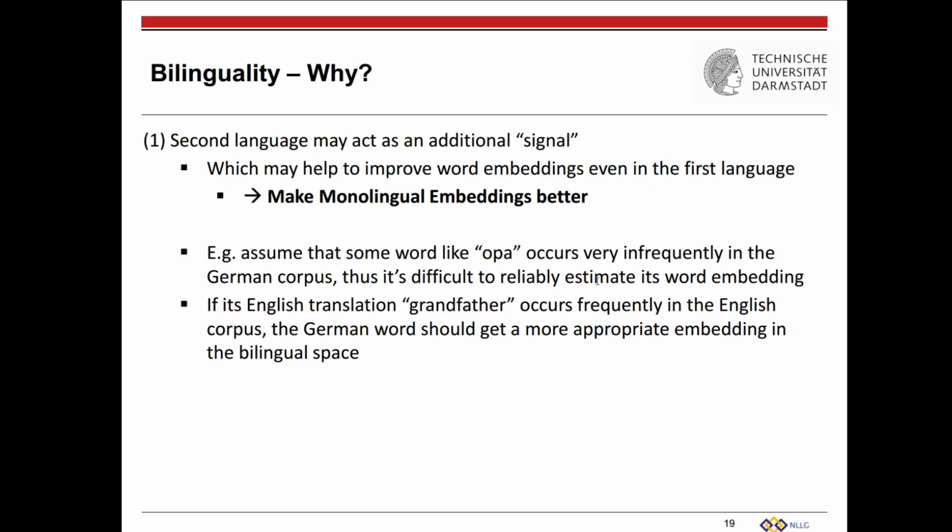And therefore, the vector of Opa cannot be reliably estimated. Maybe it's entirely falsely estimated. Now, assume that the English translation grandfather occurs quite frequently in the English corpus, maybe because the English corpus is 100 times larger.